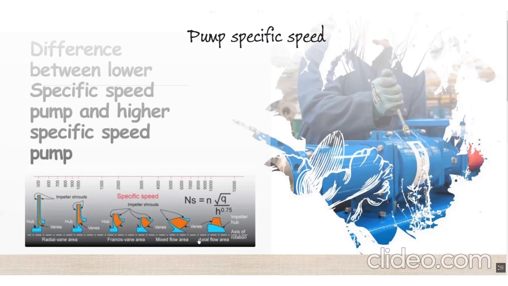Then the higher specific speed pumps have impellers which are the axial flow type. So one thing we can clearly understand is that the shape of the impeller is basically told by the specific speed number.